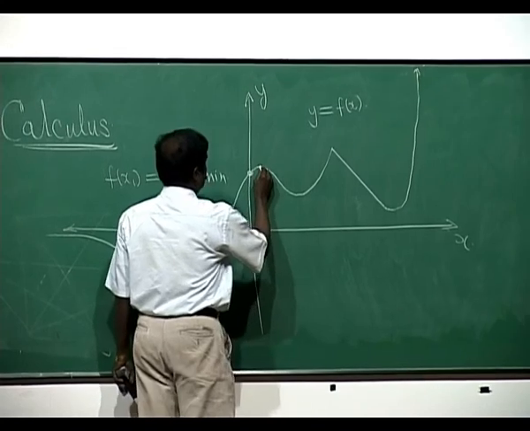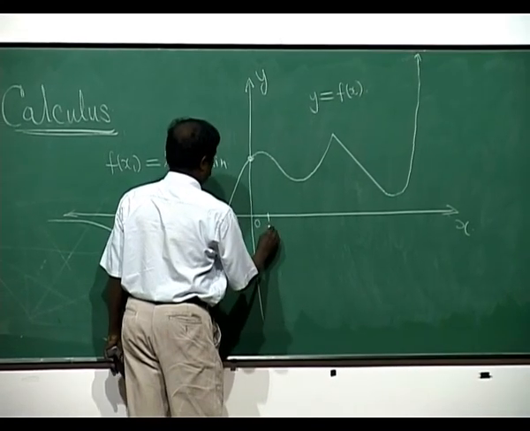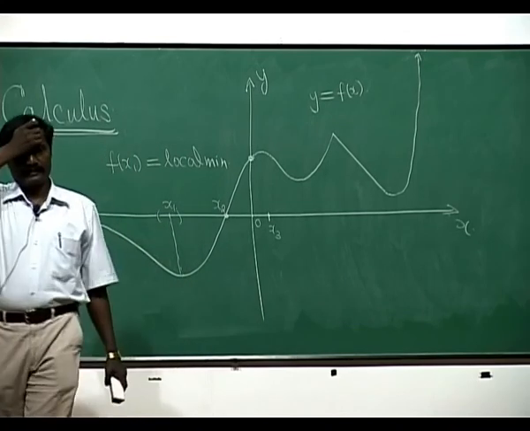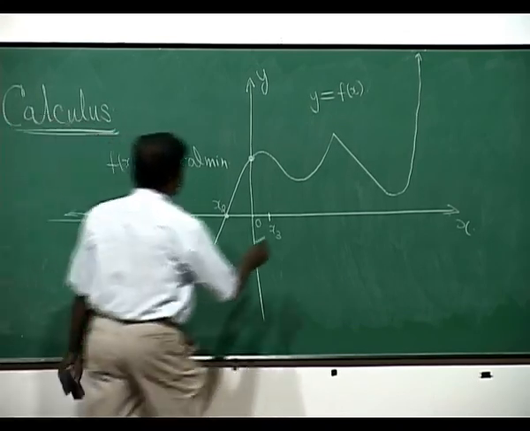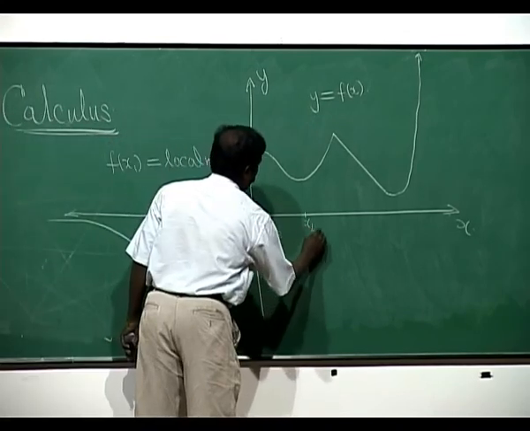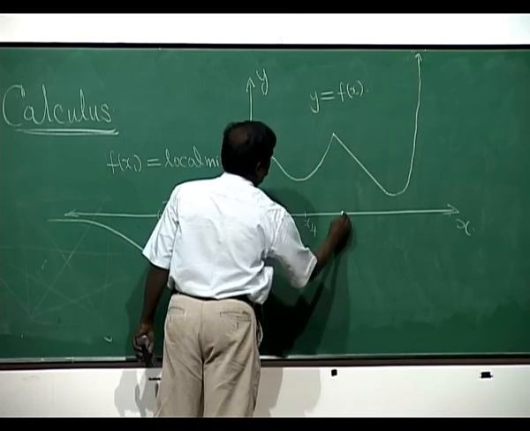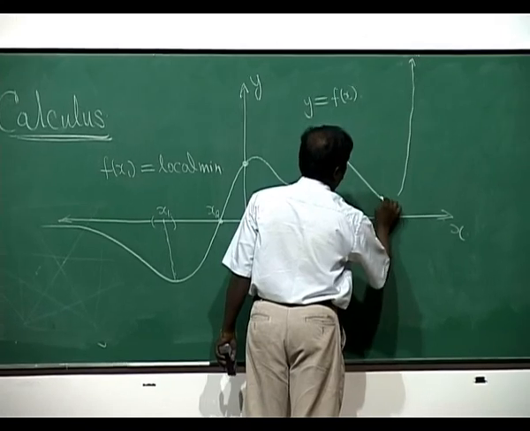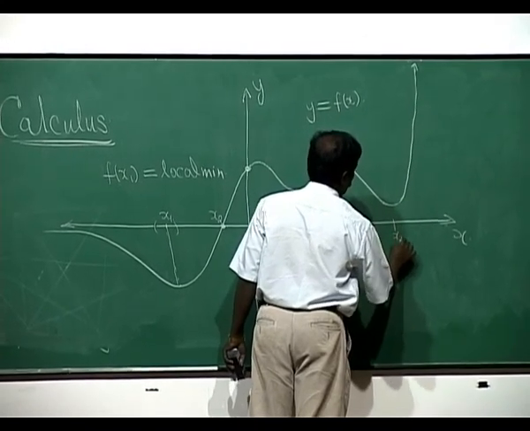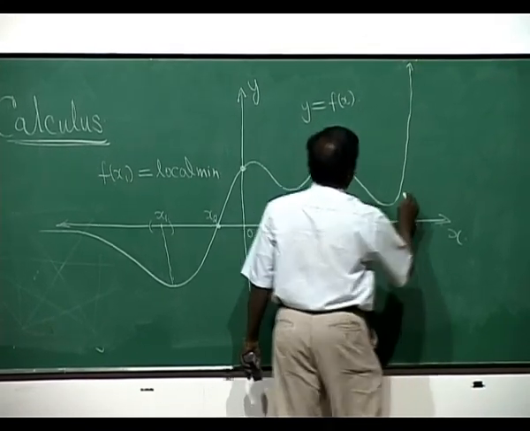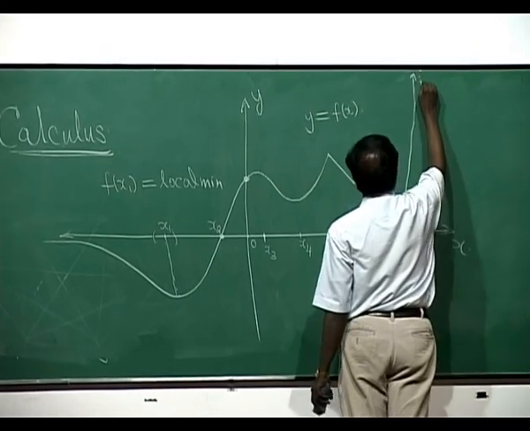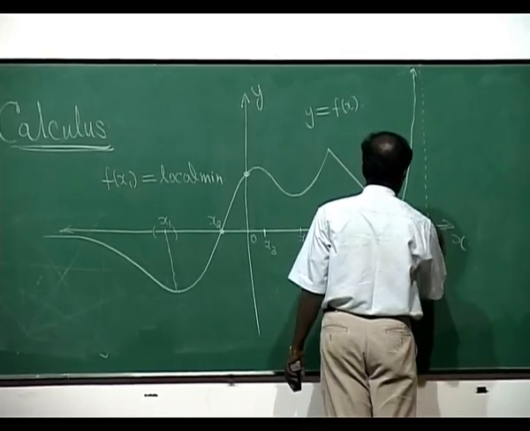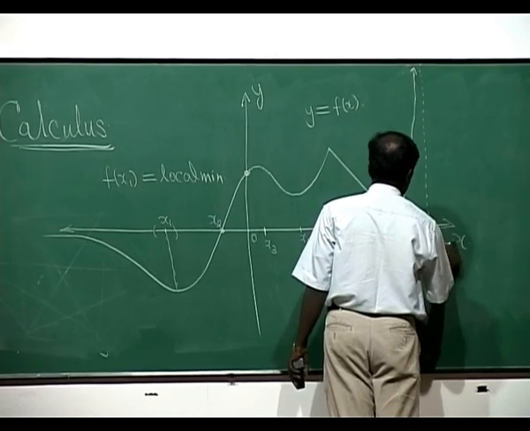Then something is happening here, let's call this x3, at which something is happening, right? And similarly here, x4, x5, and x6, and here it seems to be going, let's call this x7.